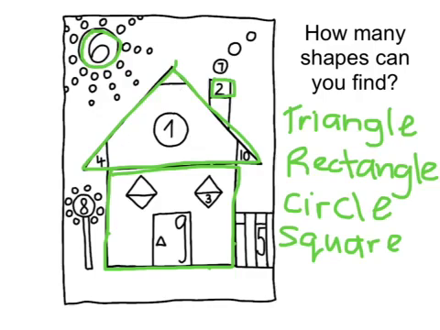Any others that you can see? No, I don't think so. There are a lot of triangles, rectangles, circles and squares though in this picture. How many can you find? Pause your video here and have a look.